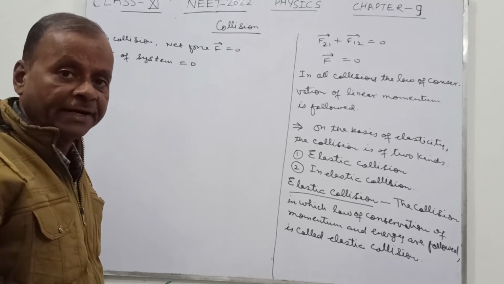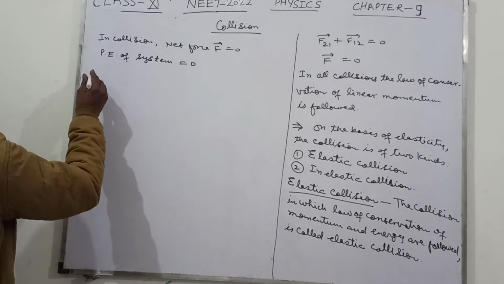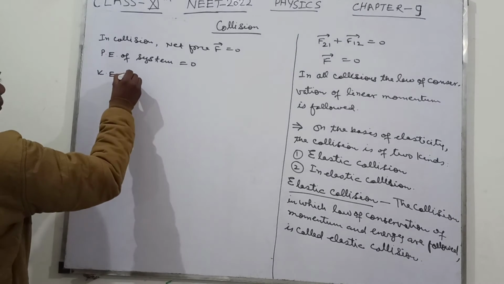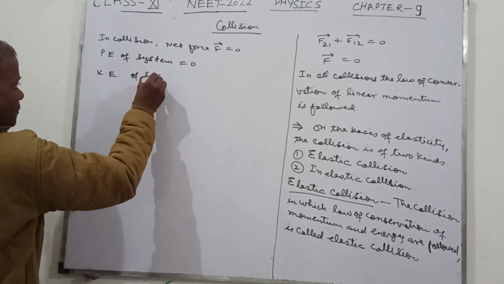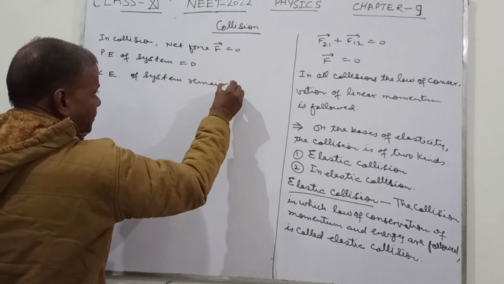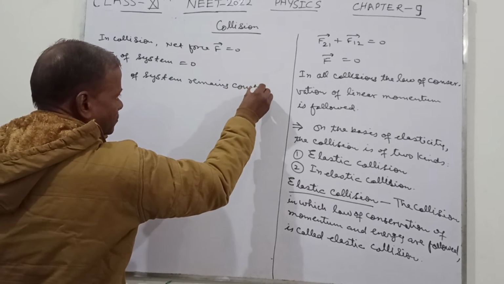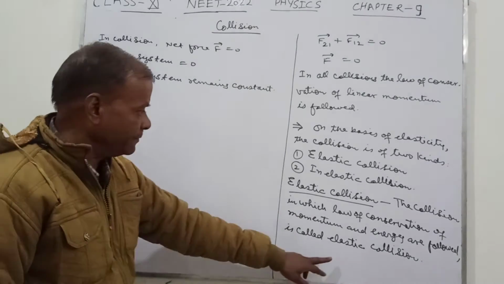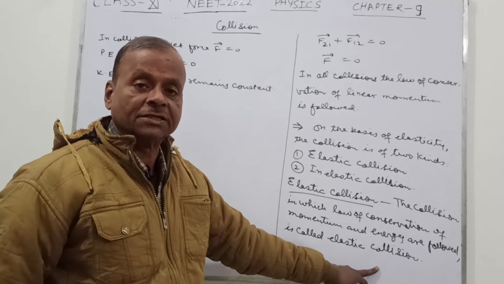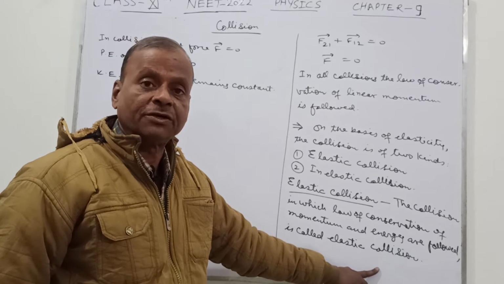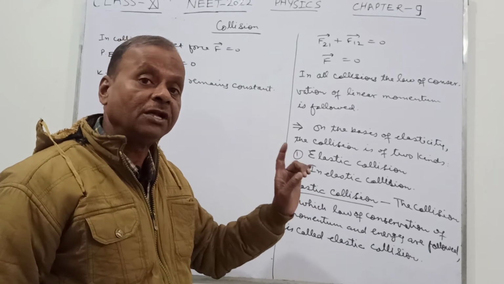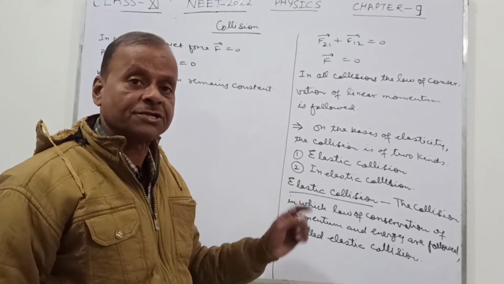Then we have only the kinetic energy. The kinetic energy of the system remains constant. The energy is conserved, it means the kinetic energy is conserved, because no force is acting there, so there will be no potential energy at all.